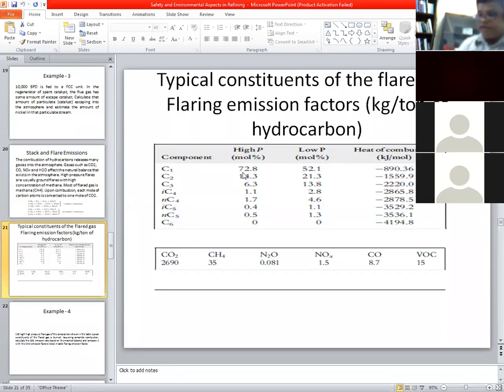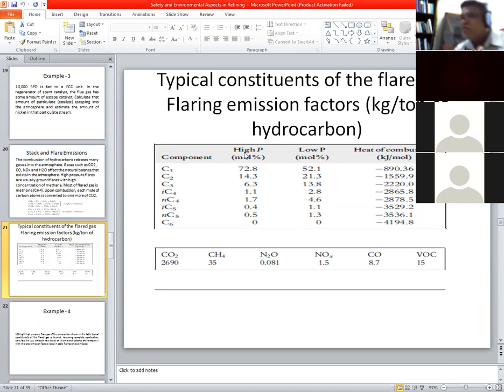The mass flow will be in kg per hour. Once you have the mass flow rate, you can calculate the molar flow rate. Please note this down, because we are running out of time and I have to show you some other calculations also.